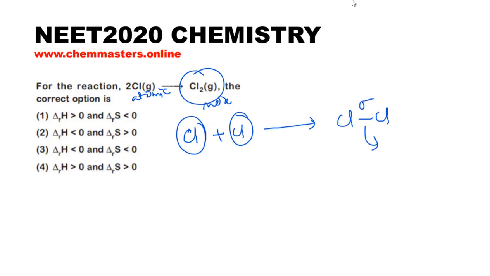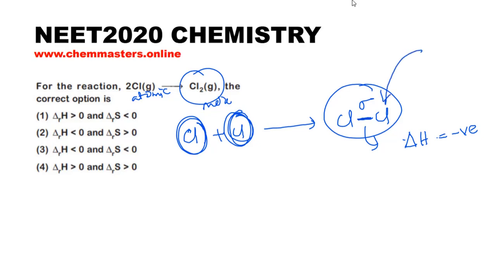So bond formation is taking place in this reaction, that's why energy is being released. So delta H, that is the enthalpy change, is always negative for this reaction. Here you can see the atoms are reacting to produce a molecule with a new bond. So whenever bond formation takes place, energy is released.